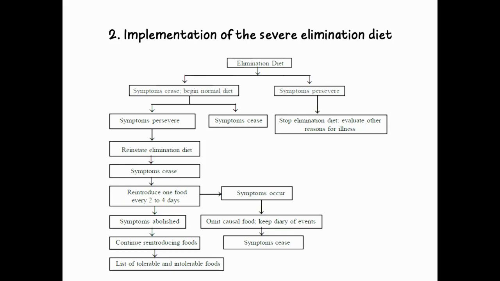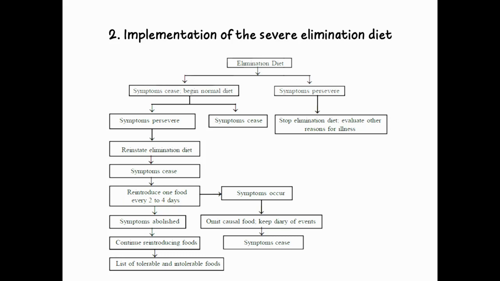the elimination diet. Then after reinstating the elimination diet, if the symptoms cease again, we reintroduce one food every 2 to 4 days. Okay, two things can happen: the symptoms might occur again or the symptoms might abolish. If the symptoms abolish, then we continue the reintroduction of the foods which were initially eliminated.